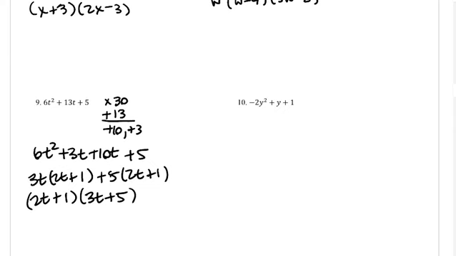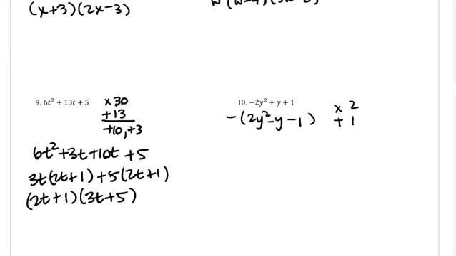Okay, over here, I'm not good at factoring things where the leading coefficient is negative, so I'm just going to factor out a negative right off the bat. And then I can look for two numbers that multiply to 2 and add to 1. That's pretty easy. Wait, is it? Multiply to 2. Oh, I didn't reverse the signs. Oh, I'm just making errors all over the place.